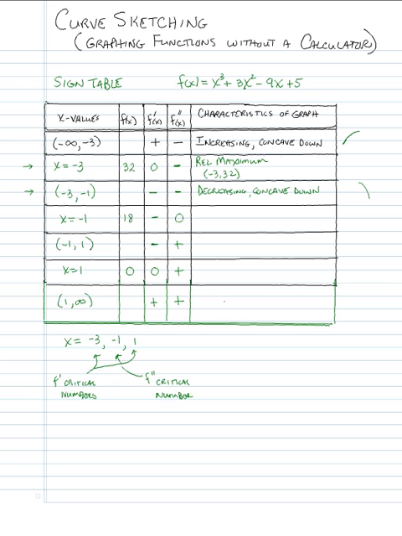Okay, let's skip down now to where it says x is equal to negative 1. And when we look at where x is equal to negative 1, we see that the first derivative is negative, negative, negative on either side, isn't it? And so we don't have a change in sign. And of course, that's not surprising here because negative 1 is a critical number for the second derivative. So we shouldn't have been looking for a relative maximum or minimum there. And when we have a second derivative critical number, what we're looking for is an inflection point.